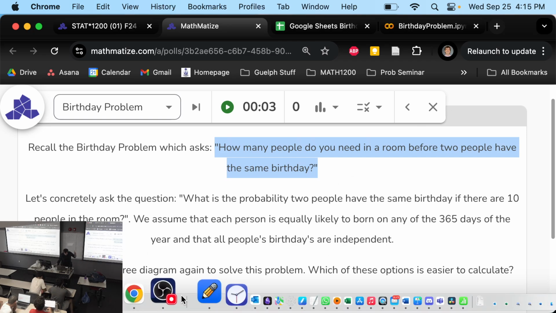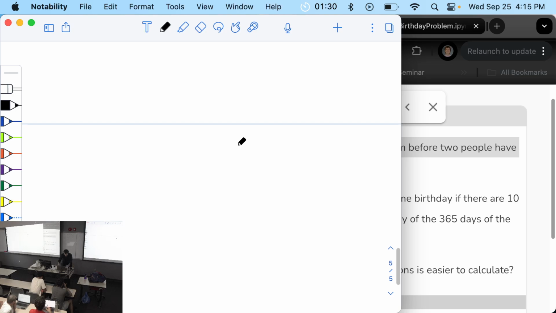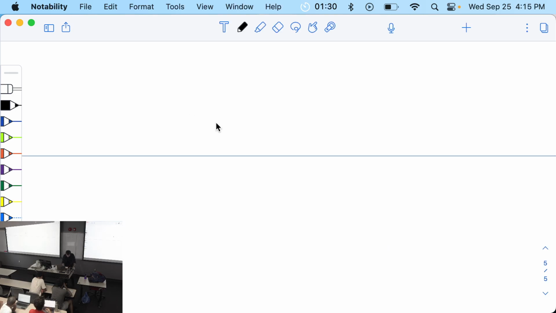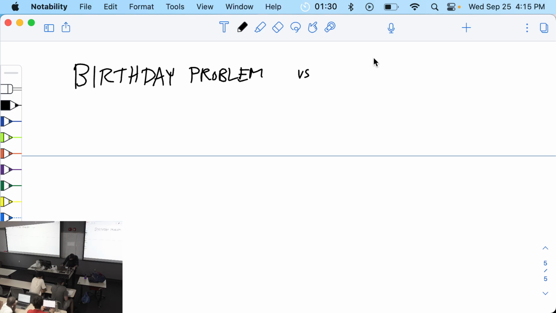There's one other small difference. Let me write this down. So the analogy: the birthday problem versus cards and suits like we've been doing. Cards and suits. It's like Guns N' Roses, but less cool.